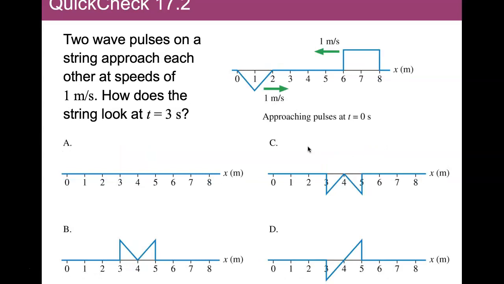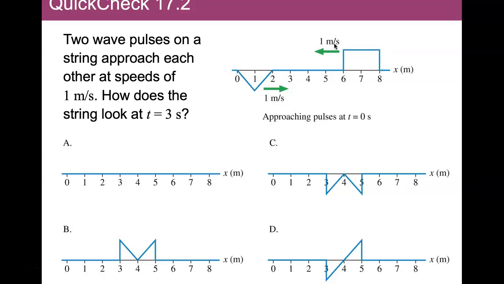All right, how about this one? Again, pause the video, try to visualize what's happening here. All right, so now we have this downward triangle and an upward rectangular pulse. Again, after 3 seconds, the triangle will be between 3 and 5.